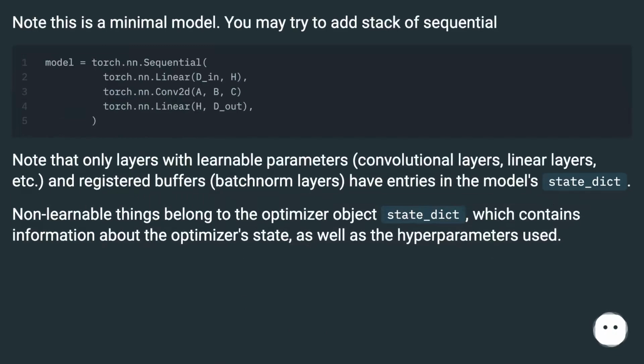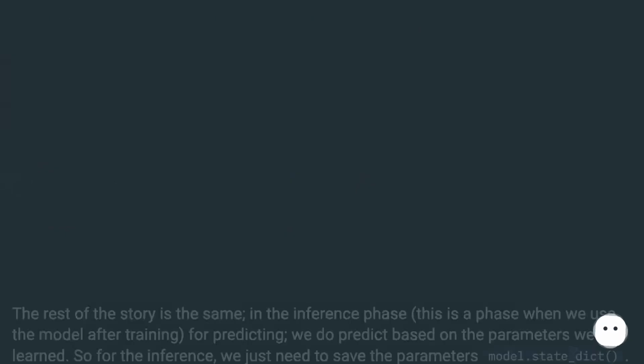Note this is a minimal model. You may try to add a stack of sequential. Note that only layers with learnable parameters, convolutional layers, linear layers, etc., and registered buffers, batch norm layers, have entries in the model state_dict. Non-learnable things belong to the optimizer object state_dict, which contains information about the optimizer's state, as well as the hyperparameters used.